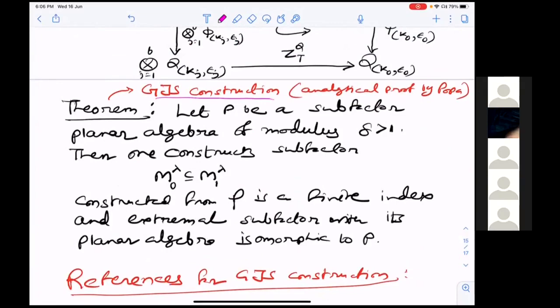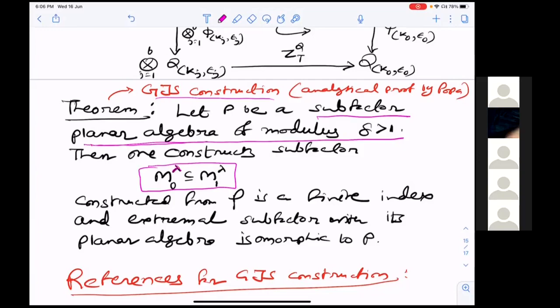So, theorem: let P be a subfactor planar algebra of modulus delta. Then one can construct, this is very difficult, not easy, a subfactor. Let me denote this by M_lambda_0. This lambda refers to the left regular representation. This is very nice because from an algebraic thing, only a planar algebra, you can construct an analytic thing.